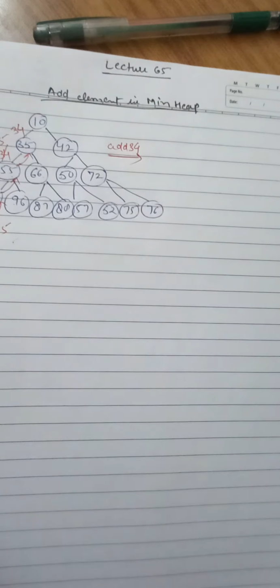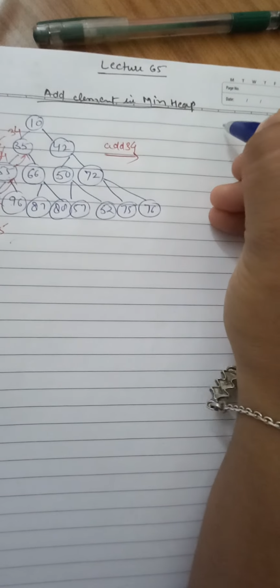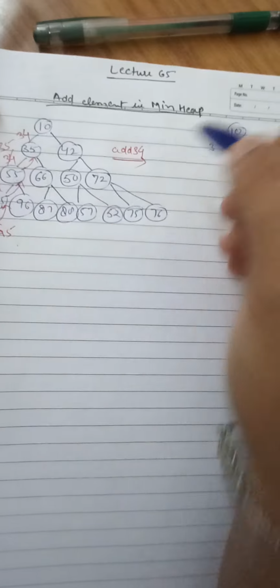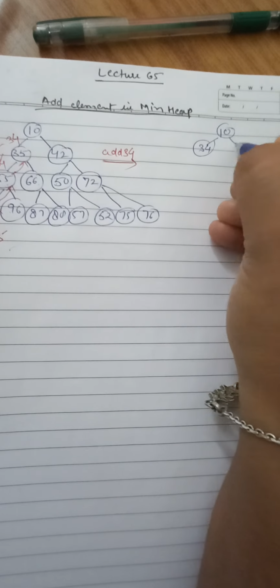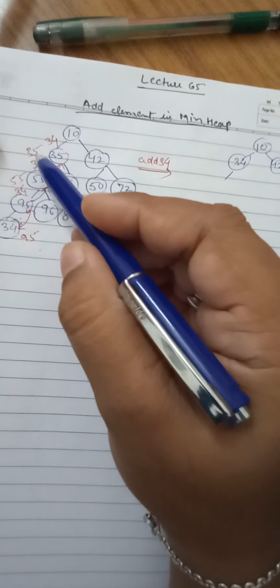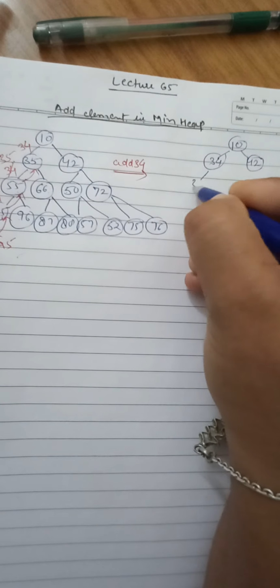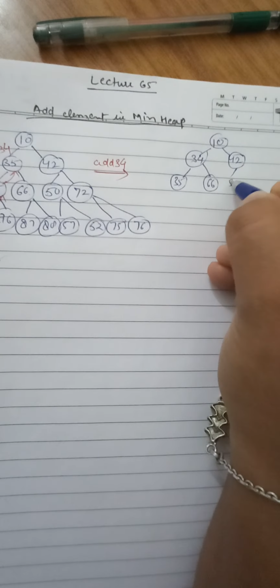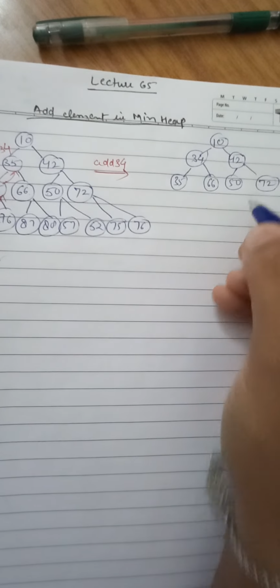After this, the tree will be like this. The root will be 10, then 34, then 42. Then 35 will come here and 66 will come here. Here 50 and 72 will remain the same.